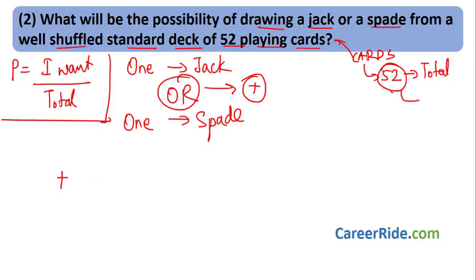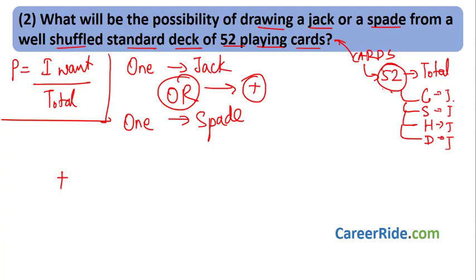There are 4 suits in a well shuffled standard deck of 52 playing cards: one of club, one of spade, one of heart, one of diamonds. Each of them has one jack. So how many jacks are there? There are 4 jacks.